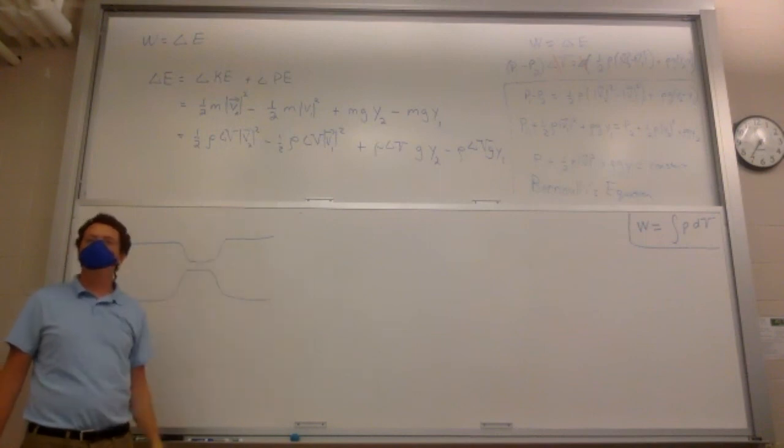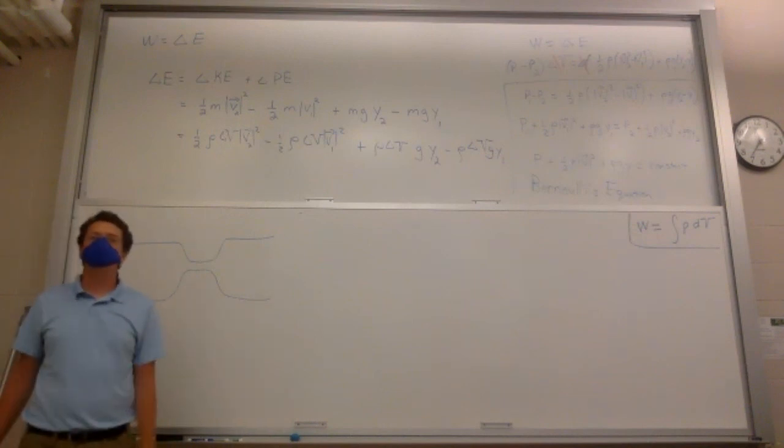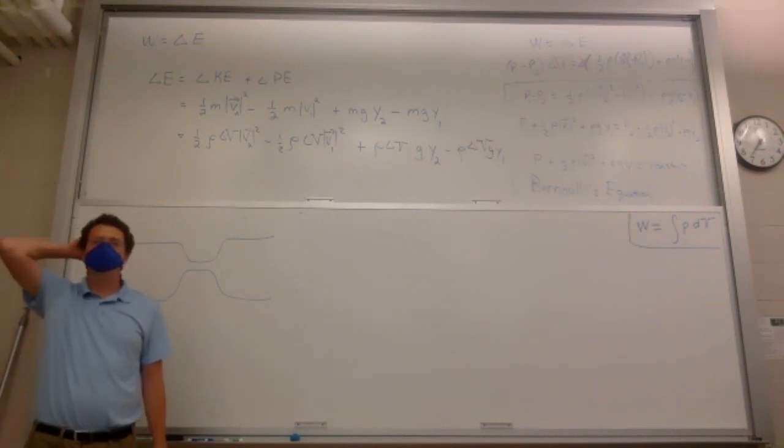There's one other thing we know. You might even have started with it before we got to Bernoulli's equation. What else do we have that was constant throughout? The volume flow rate.